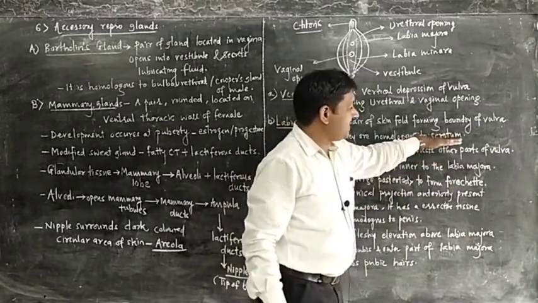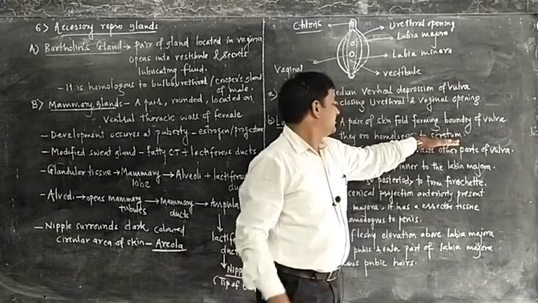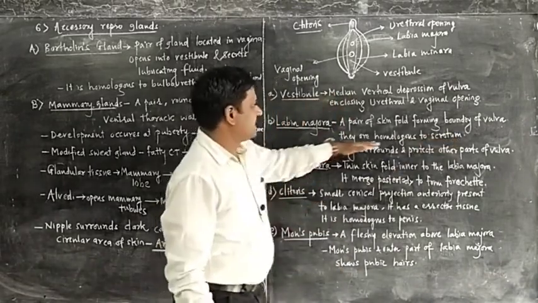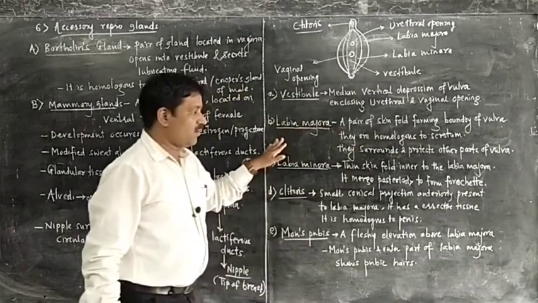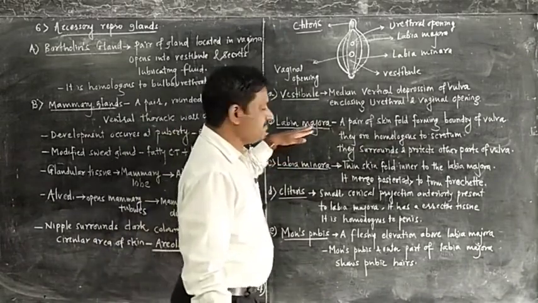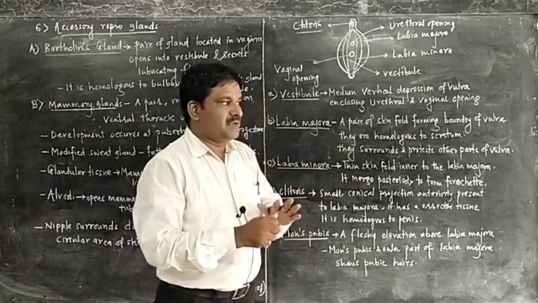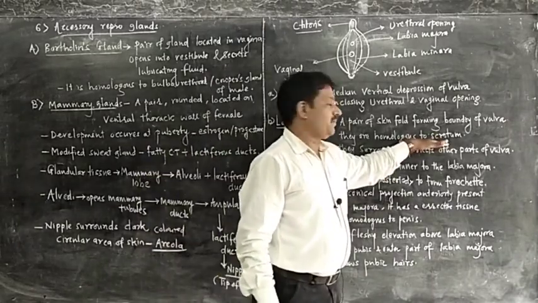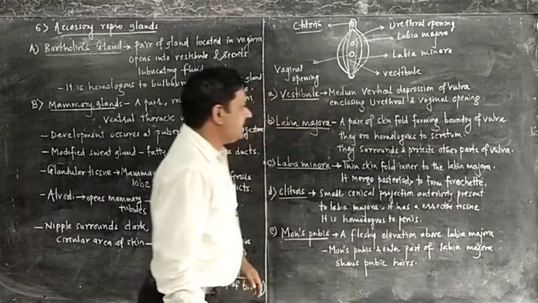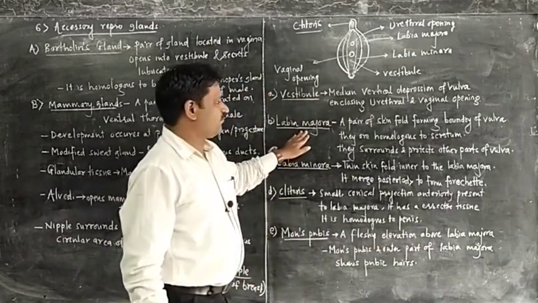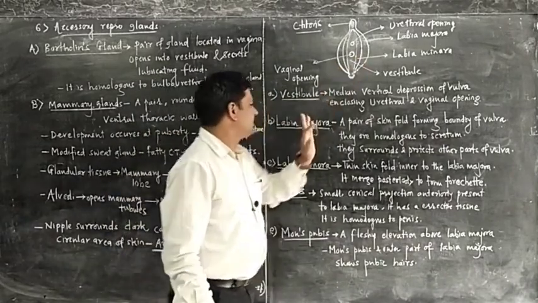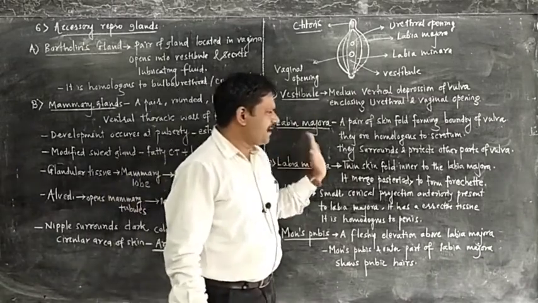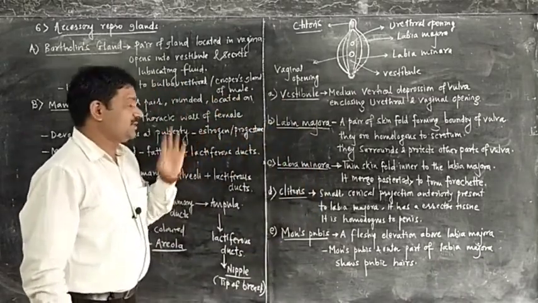Like in male there is a scrotum, in female there is the labia majora of the vulva. Labia majora are homologous to the scrotum of male. This outermost major fold surrounds and protects the other parts of the vulva.